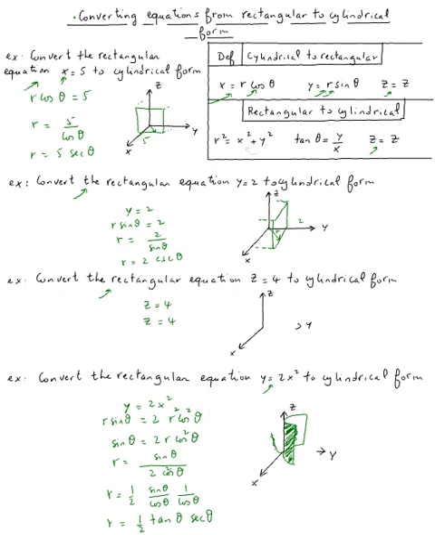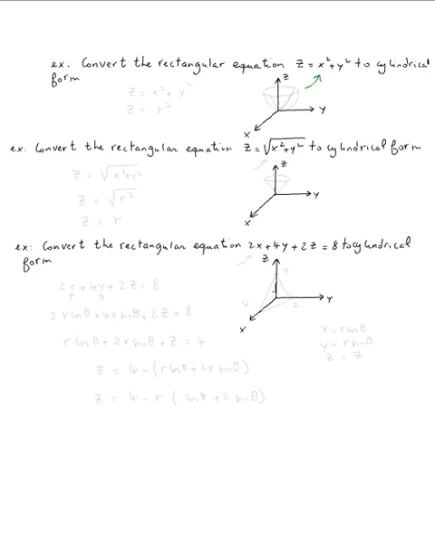Alright, let's do the next example. We need to convert the rectangular equation z equals x squared plus y squared. It's a paraboloid.